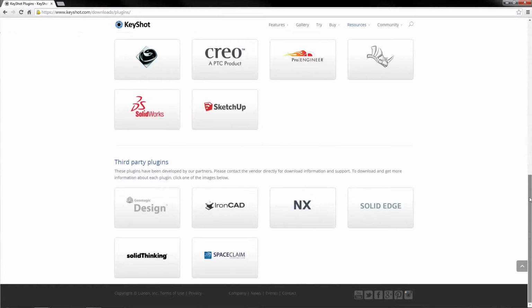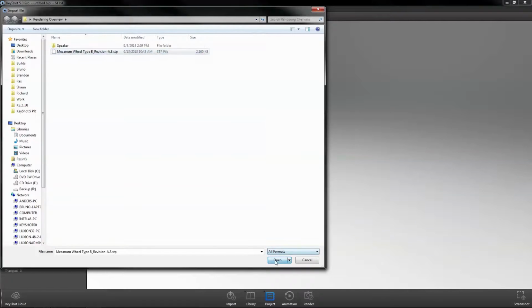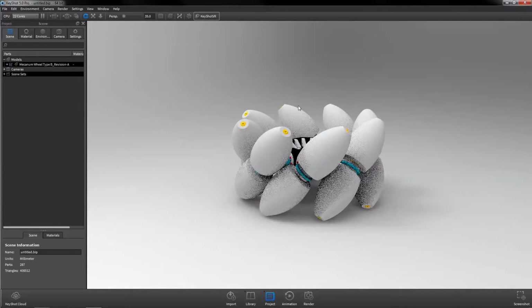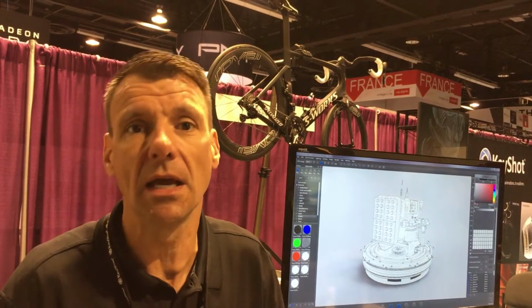Today, we support over 20 native import formats, but we also have plugins to the major CAD applications, as well as entertainment products like Maya, Max, Cinema 4D, and of course Pixologic ZBrush. That really brings us into the entertainment market as well.